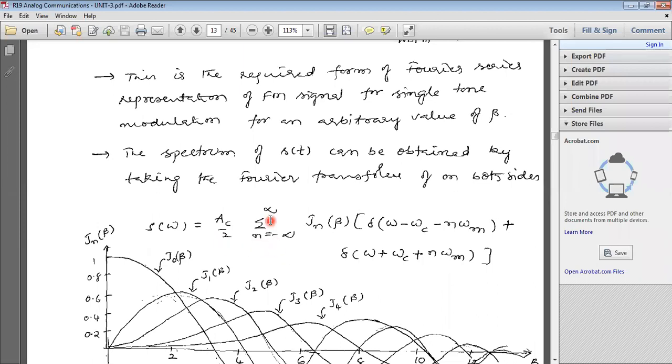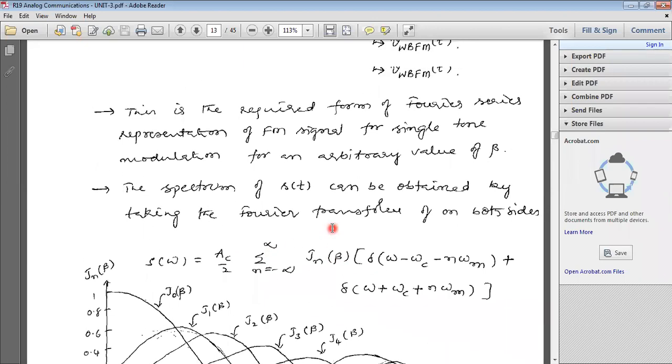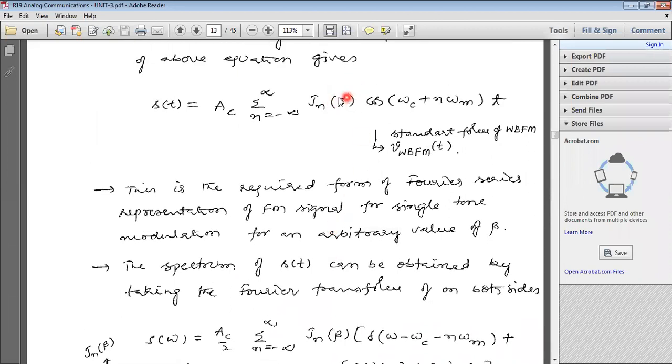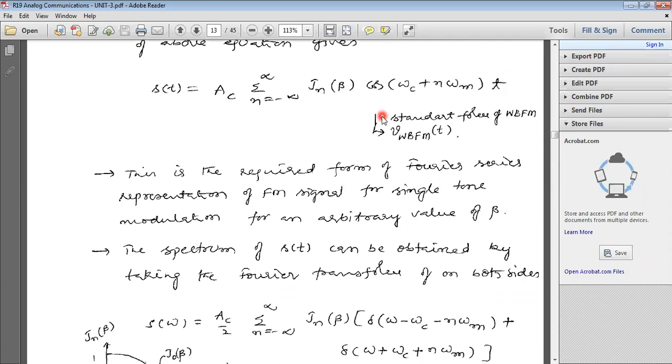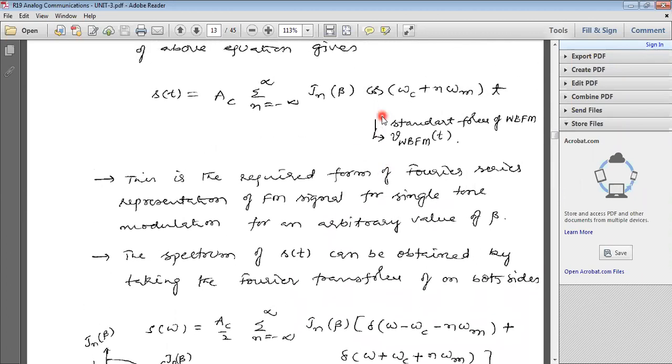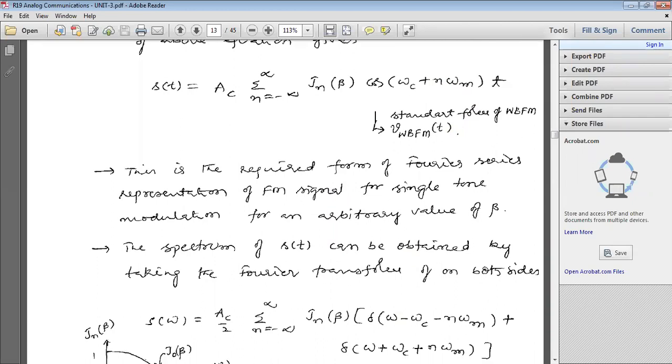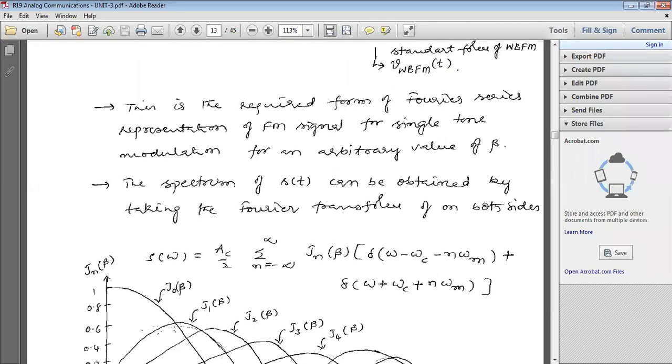Sigma n equal to minus infinity to infinity Jn beta, and for this cos term, we have omega c plus n omega m. By taking the Fourier transform, it shifts into two parts, so we have two bands. That is according to the frequency shifting theorem.